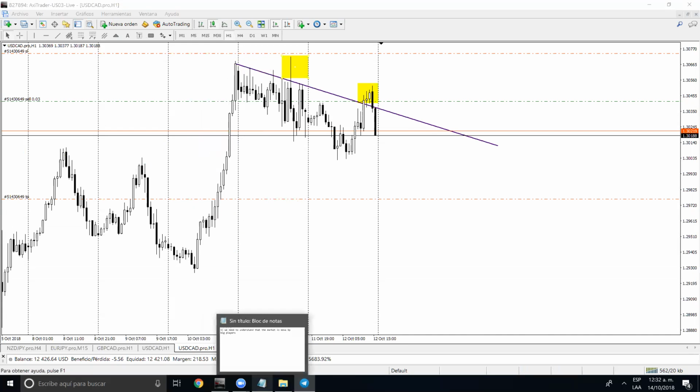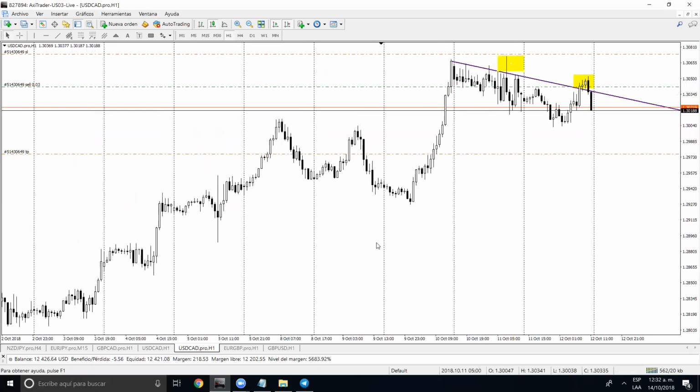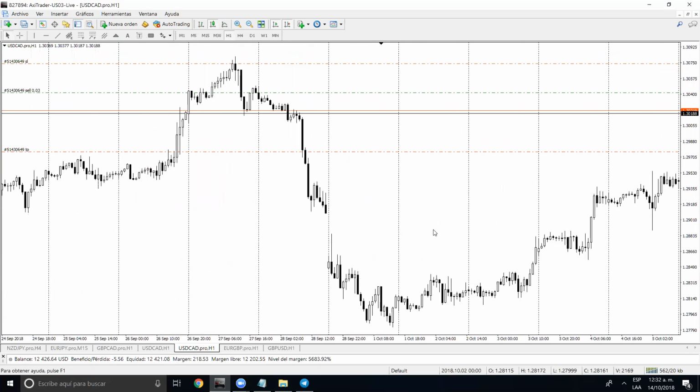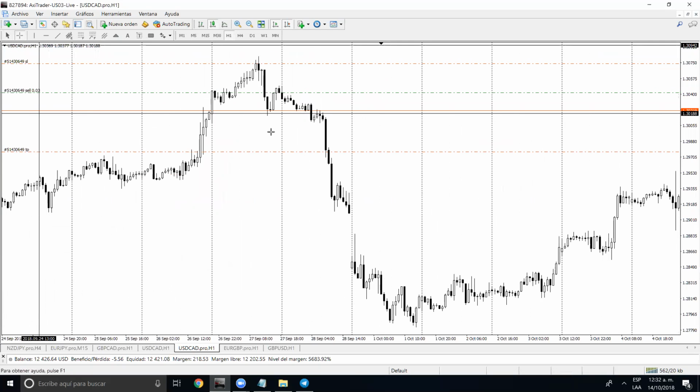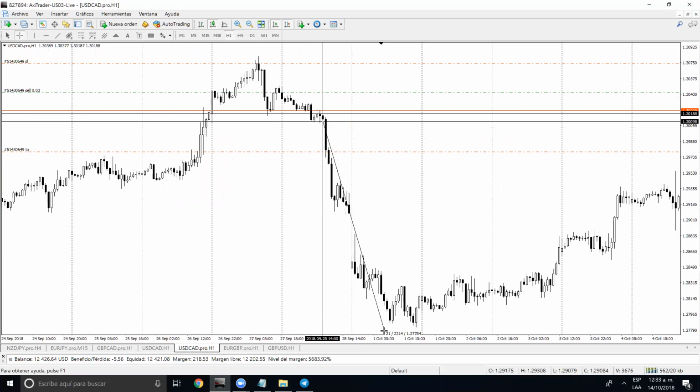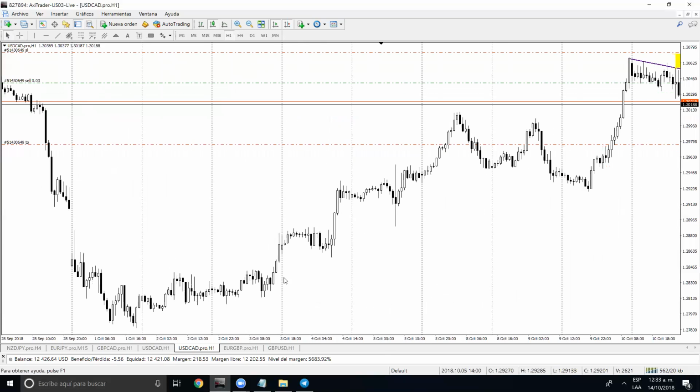Is that okay? In the market maker method, all these moves are provoked by institutions. This move is not so much.